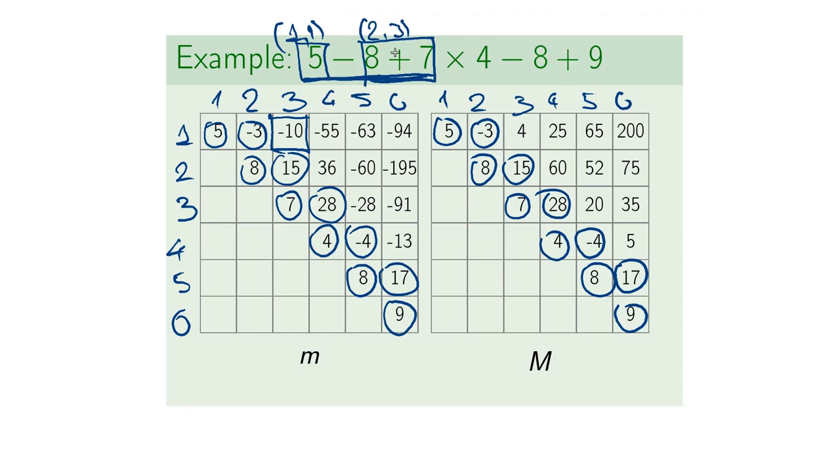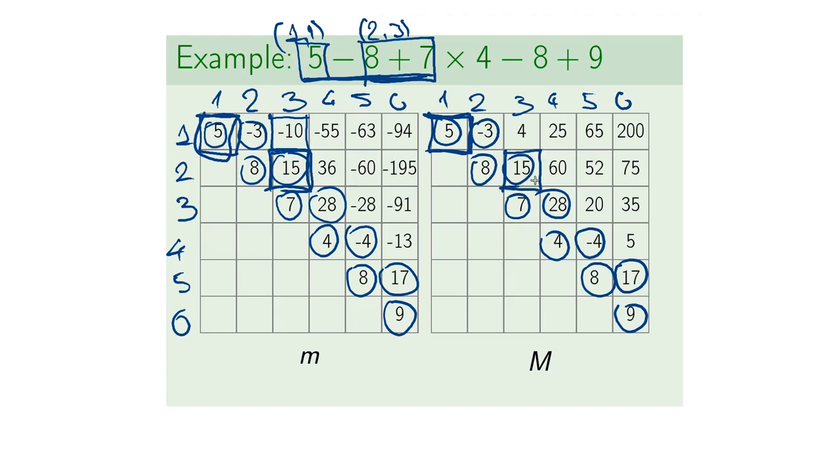For the first sub-expression, we already know its minimum value, it is here, and its maximum value, it is here. For the second sub-expression, we already know its minimum value, it is here, it is 15, and its maximum value is also 15.